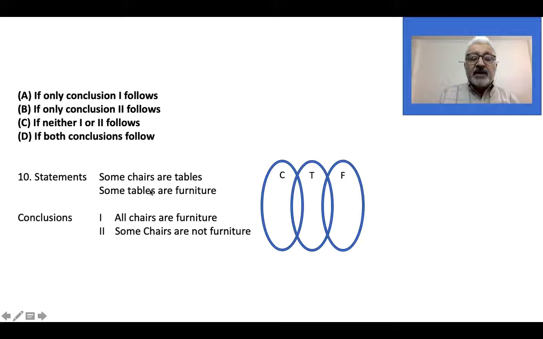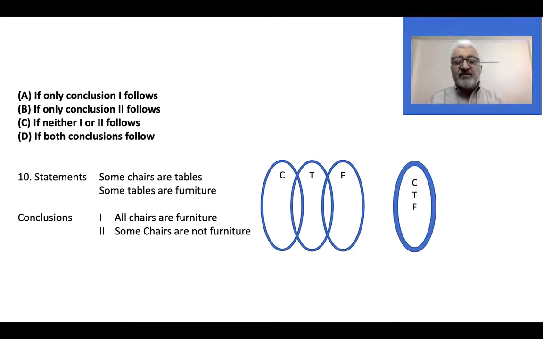All right. And some tables are furniture. Some chairs are not furniture. Here it is true that some chairs are not furniture, but will it be true in all the other possibilities? The answer is no. Again, we can have a diagram which confirms some chairs are tables, my first statement, and also confirms some tables are furniture.